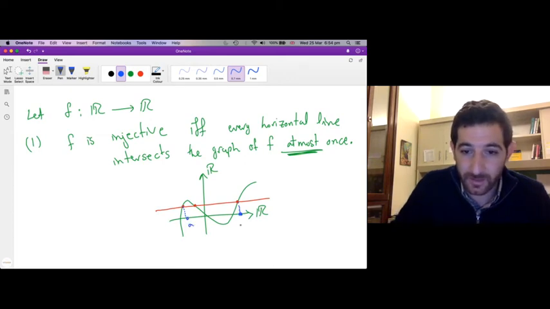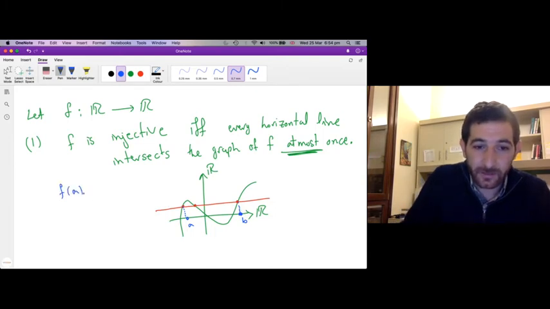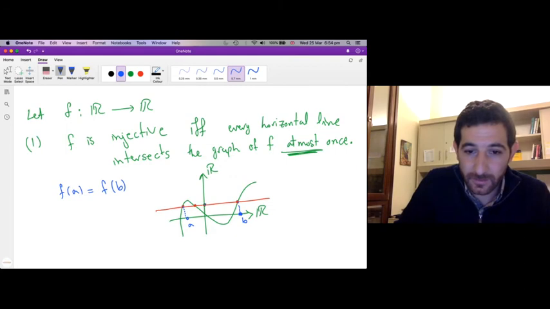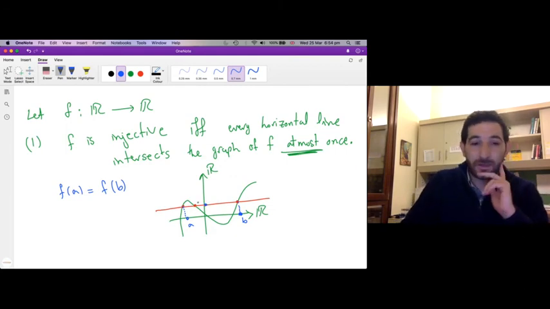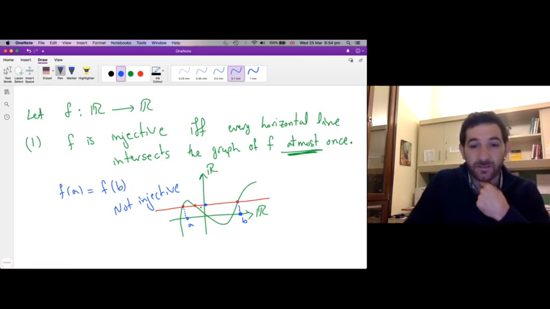If this is A and this is B, this means that f of A is equal to f of B. The image of A is equal to the image of B, and this shows that this is not injective, right? Because there are 2 points, namely A and B, in the domain which have the same image, and this does not mean that the function is injective.